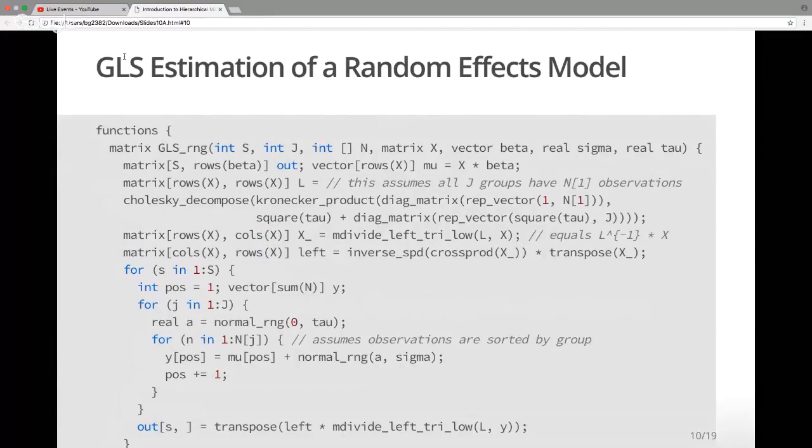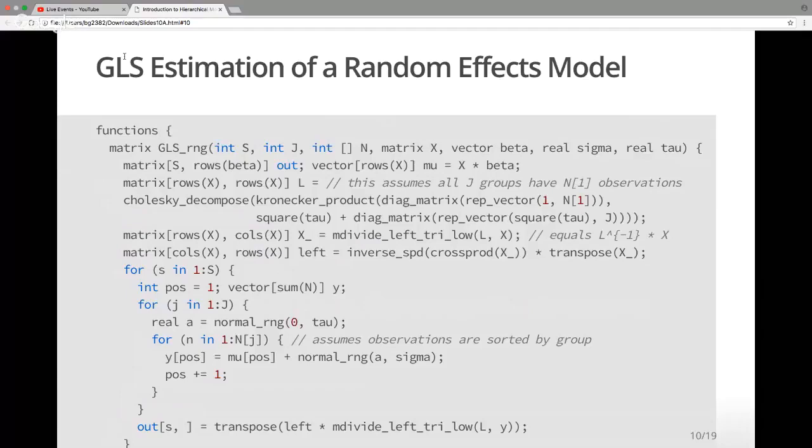So having the Kronecker product enables us to think about estimating so-called random effects models using a frequentist estimator known as generalized least squares. And so this is going to return a matrix of point estimates. It's going to have S rows.